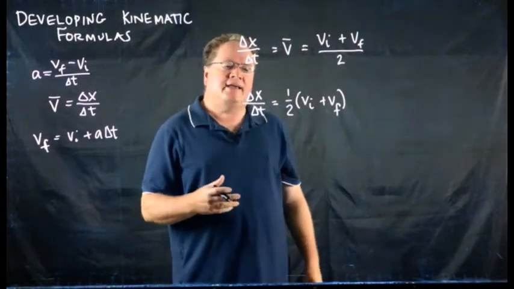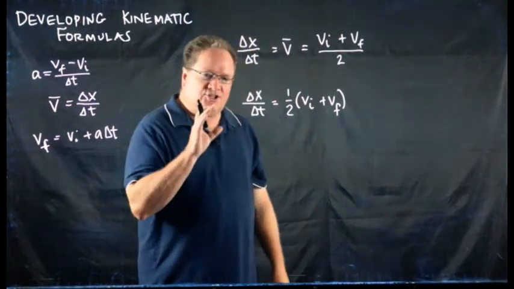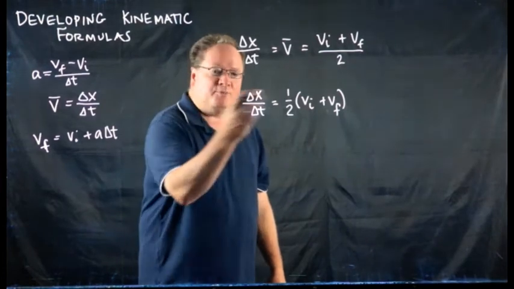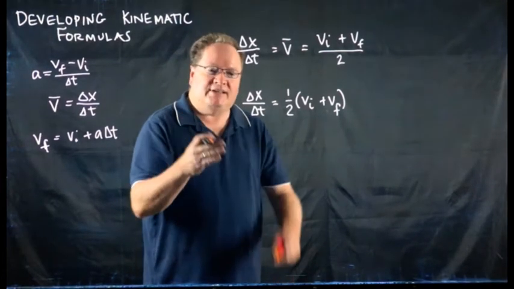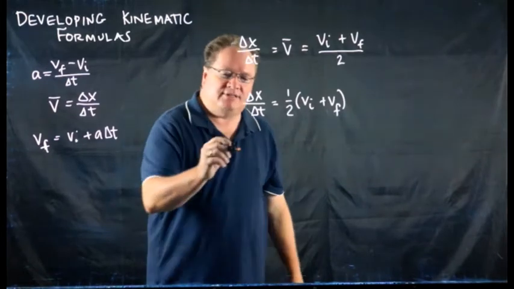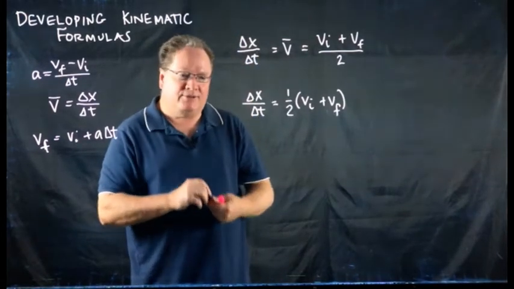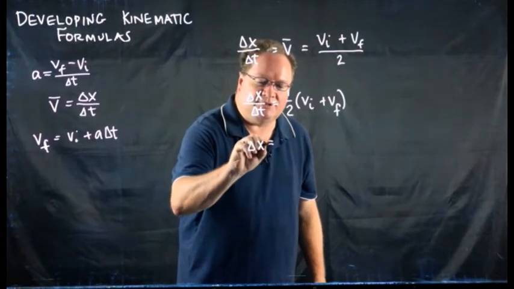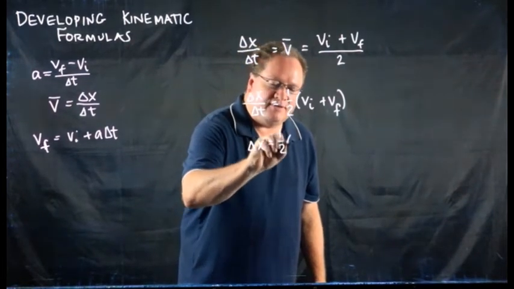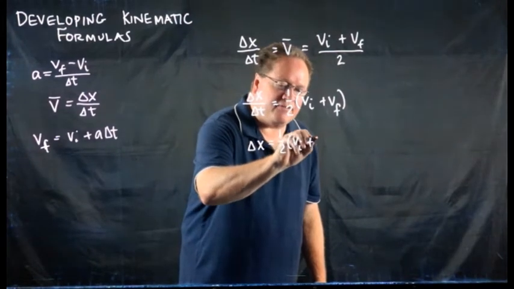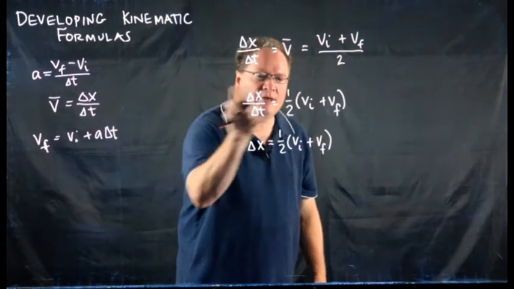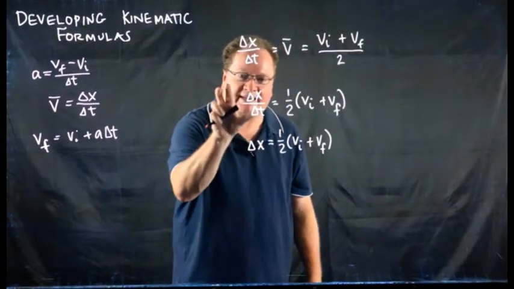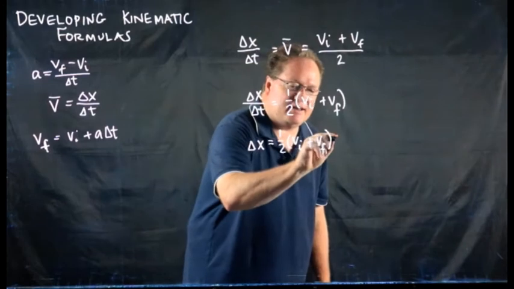So if I want to make an equation then that's going to solve for delta x, all I have to do is multiply both sides by delta t to isolate delta x. And what I end up with when I do that is going to be delta x equals 1/2 (vi plus vf). And when I multiply both sides by delta t, I get rid of it here, but I have to end up with it over here.